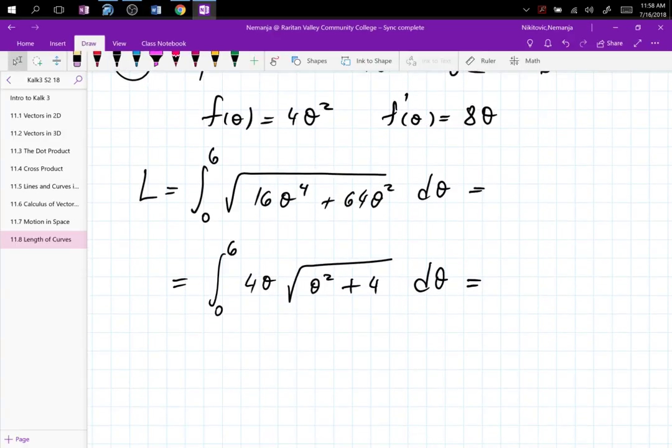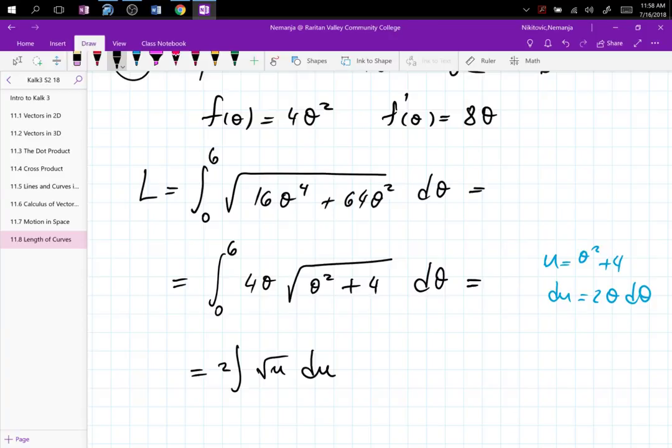And what now? So u equals theta squared plus 4. du equals 2 theta d theta. I have 4, so I have to kick 2 outside. So I have 2, and then I have the integral of square root of u du. When I plug in 0 and 6 into my limits, my new limits are 4 and 40.